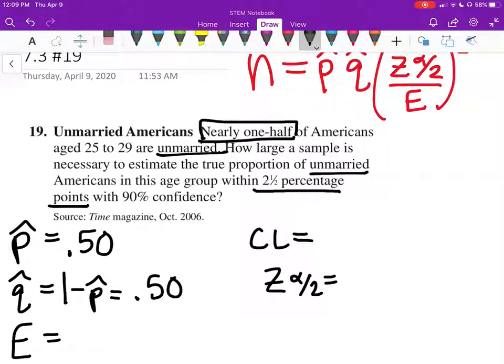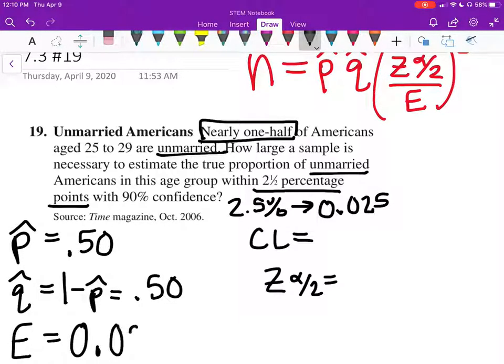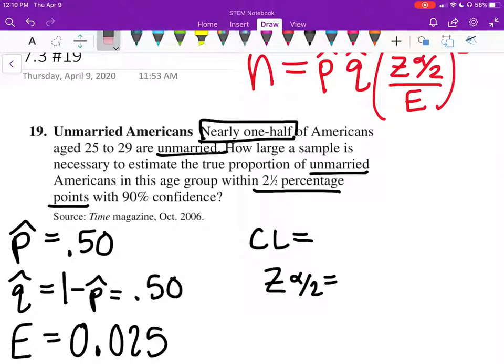So they want us to estimate within 2.5%, but we need to change it to a decimal to work with it. So that's going to be our error, 0.025, and then our confidence level is 90%.